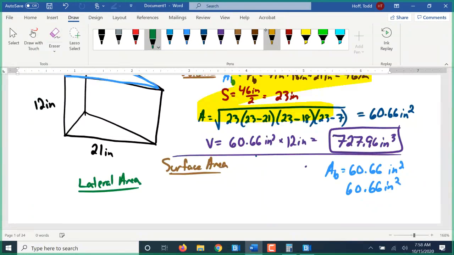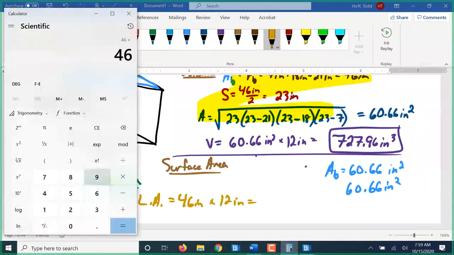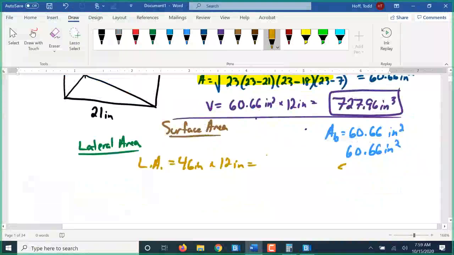Well, we already have the perimeter of our base as well, the 46. So our lateral area is that 46-inch perimeter of the base times the height of 12 inches. 552 square inches.